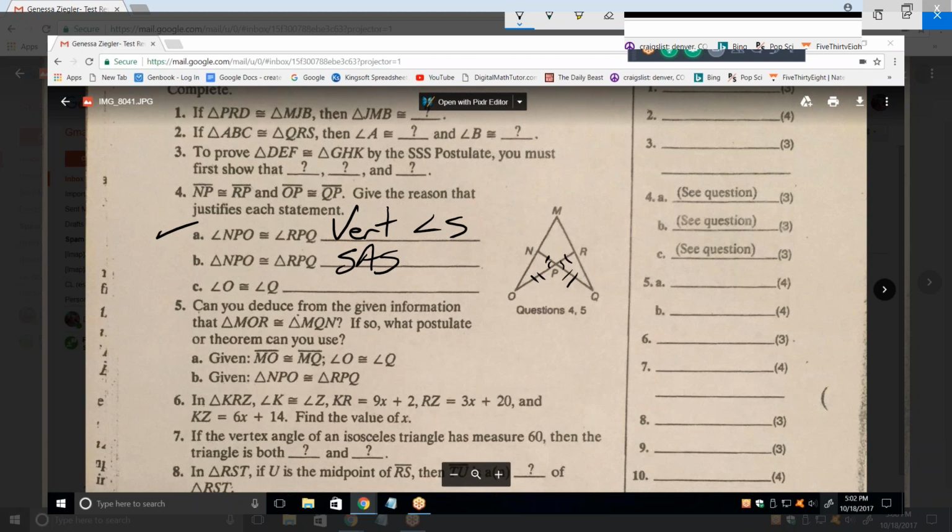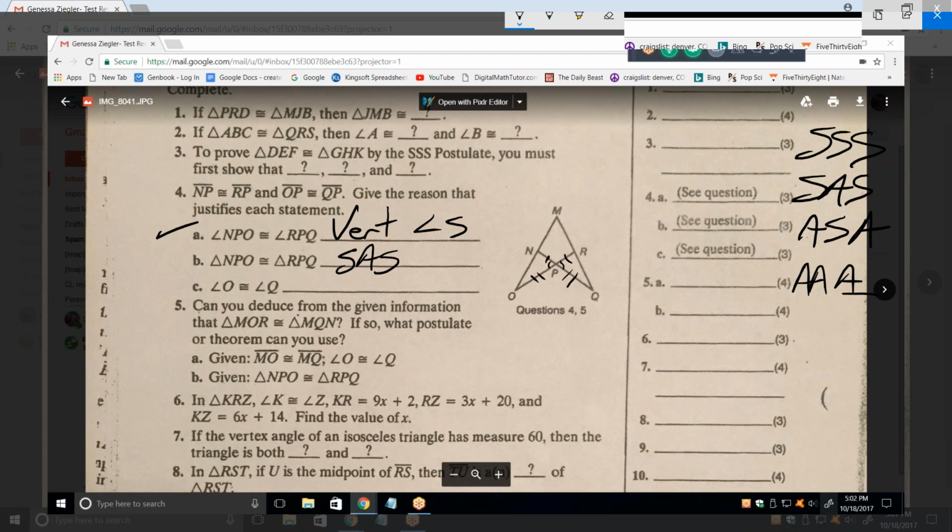But for non-right triangles, you really have 3: side, side, side; side, angle, side; and angle, side, angle. And actually you also have angle, angle, anything, because if 2 angles are congruent, then the third one automatically is. So that's the same as angle, angle, angle.